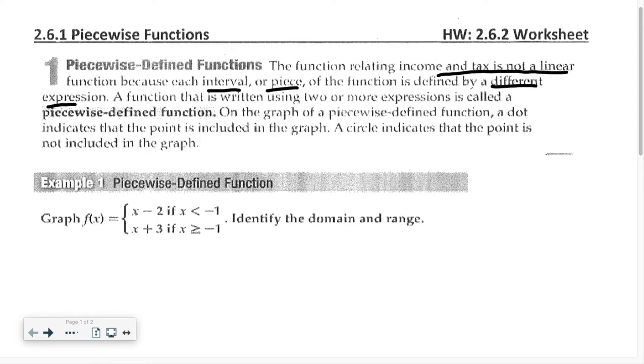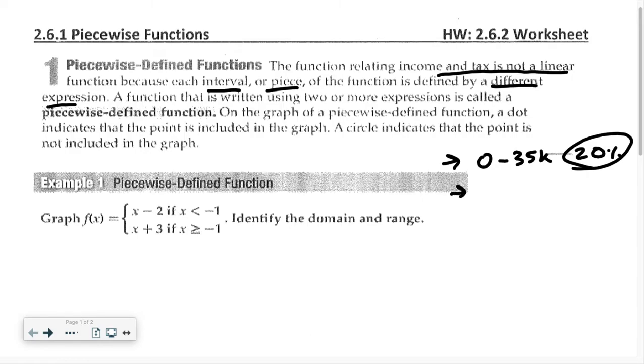So kind of the way this works, and this is just an example, you can get concrete examples from the IRS. Say if you make $0 to $35,000, perhaps the income tax is, just as an example, 20%. So that piece of the function is defined by the 20% tax.